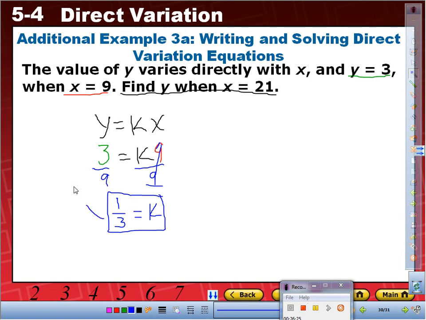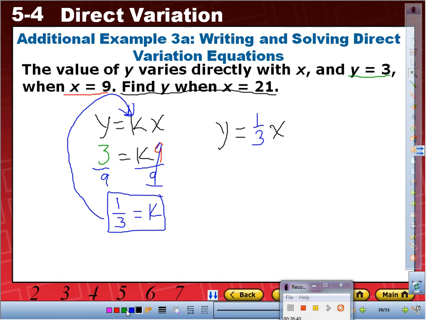So now that we found k, everybody look up, please. Now we need to substitute this back into the original. Here we go. And this becomes, check this out, y equals, and instead of k, what do I write? 1/3, and then at the end, x. Are we there so far? Now that we have our equation, now we can do this last part.